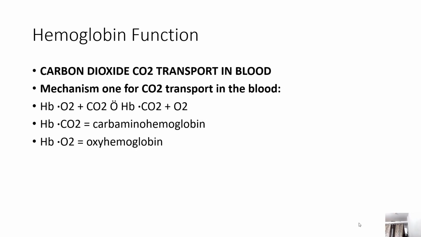Now, carbon dioxide CO2 transport in blood. Mechanism one of CO2 transport in the blood: like you can see, oxygen binding to hemoglobin. If it's carbon dioxide binding to the hemoglobin, it's called carbaminohemoglobin. If it's oxygen, then it's oxyhemoglobin.